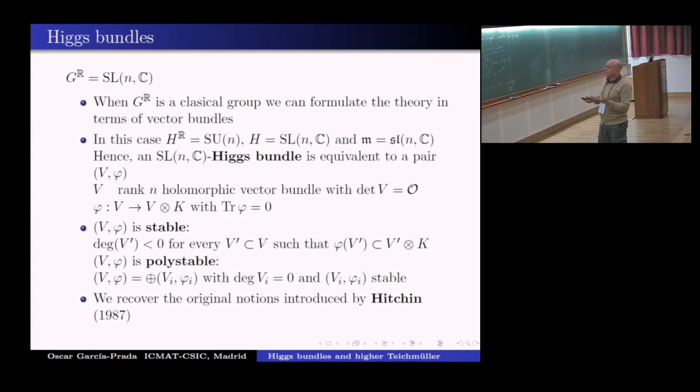In that situation, stability is the usual notion of stability of vector bundles, adapted to Higgs bundles, which is that the degree of any invariant subbundle has to be less than 0. Notice that I am taking SL(n,C), so that's why you have 0 here. We have the slope condition, but in this case the slope of V is 0, and that's why we have 0.